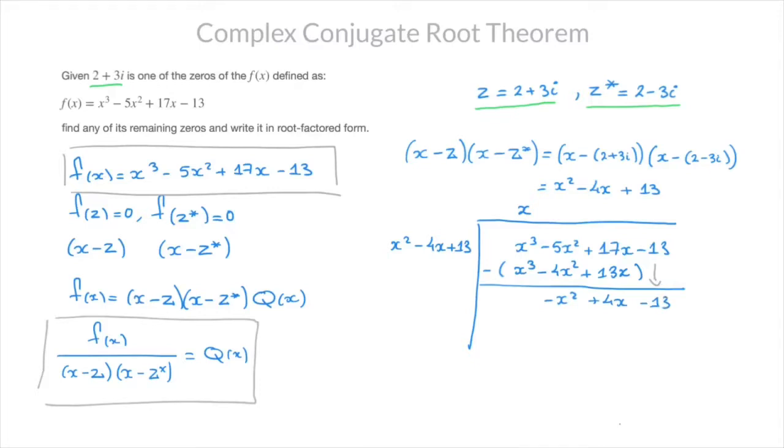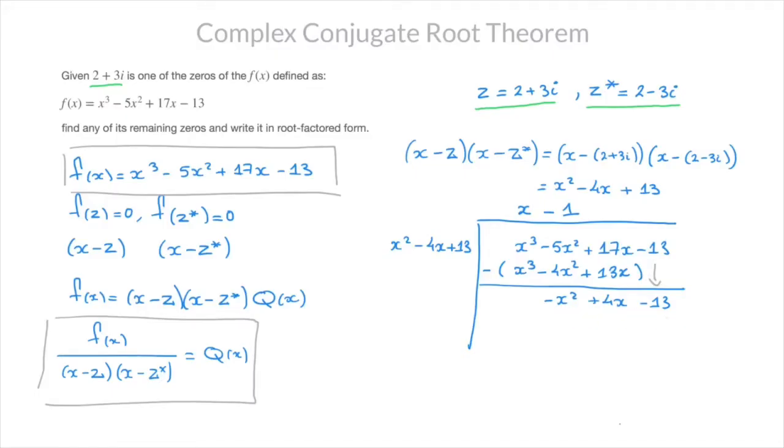Now that that's done, I repeat the process and figure out what I would have to multiply x squared by to get negative x squared. And it doesn't take us too long to see that we'd have to multiply x squared by negative 1 for it to equal negative x squared, so we write minus 1 at the top here. We now multiply this entire quadratic by negative 1 and write the result directly beneath the quadratic that we have here.